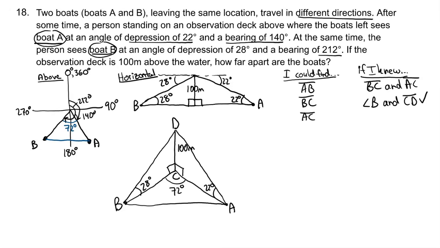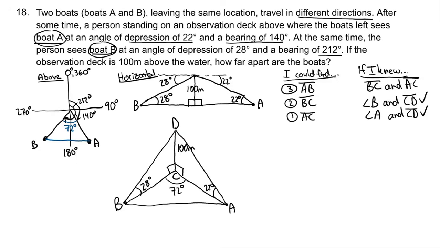I would need to know angle A and the length CD as well, and I know that too. So my plan is this. I'm going to start by finding the length of AC. The second step is finding the length of BC. And then I'm going to use the cosine law to find the length of AB. So let's go ahead and carry out those steps.